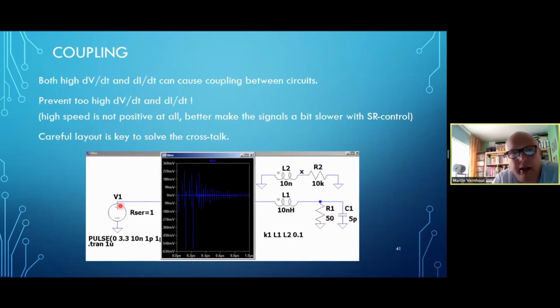Coupling is because there are high dV/dt and high dI/dt, changes in voltage and changes in current, they will cause coupling into your circuit. So the simple solution is prevent too high dV/dt and dI/dt. High speed is not positive at all. Better make the signal a bit slower with slew rate control, for example. And careful, make sure that your layout is in line.